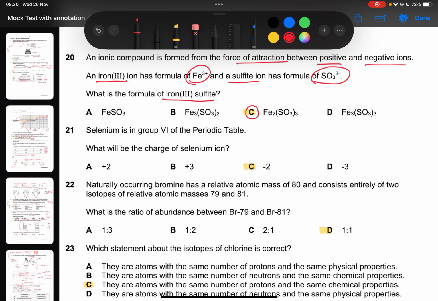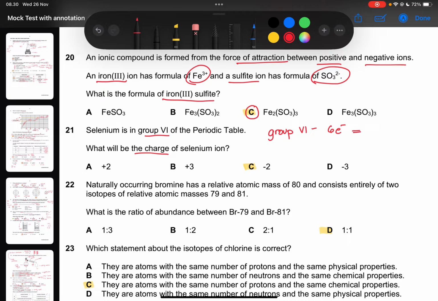Next, number 21. Selenium is in group 6 of the periodic table. What will be the charge of selenium ion? Remember, the charge can be based on their group number. So group 6 means they have 6 electrons in the outer shell.